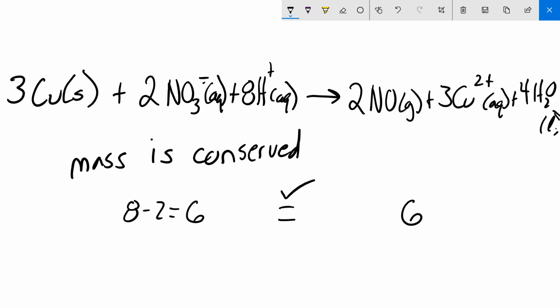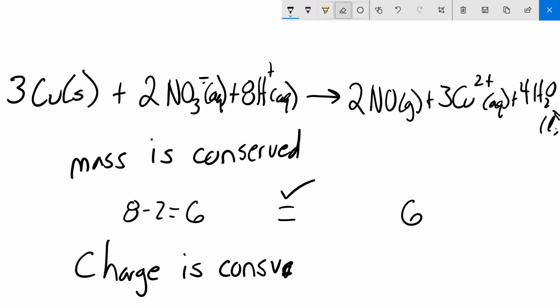That's good. So then charge is conserved. So charge is conserved, right? And that, ladies and gentlemen, would be our final overall balanced redox reaction for that particular process.